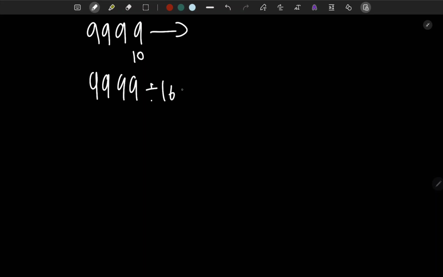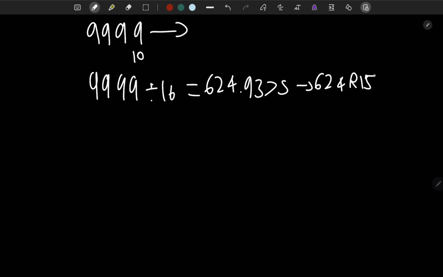Let's do 9,999 base 10 converted. Again, let's start by dividing 9,999 divided by 16, and this is 624.9375, and this is 624 remainder 15.